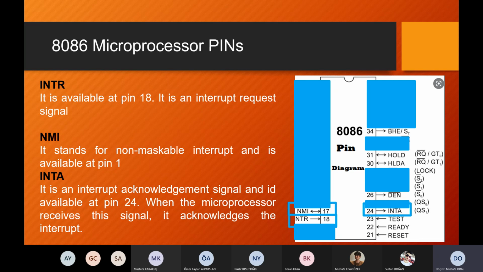So when the outer device that is sending the interrupt request ceases the signal, it will not be sending the interrupt request, because through the interrupt acknowledge signal it knows that the interrupt request has been taken by the microprocessor and it will be dealt with.